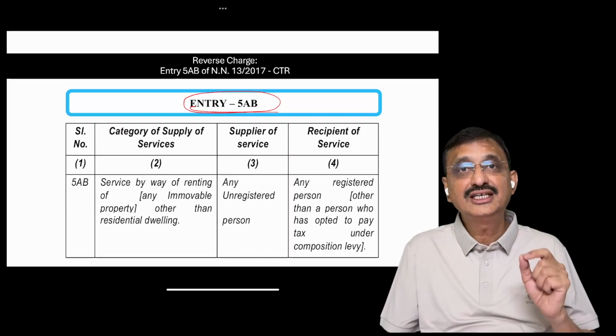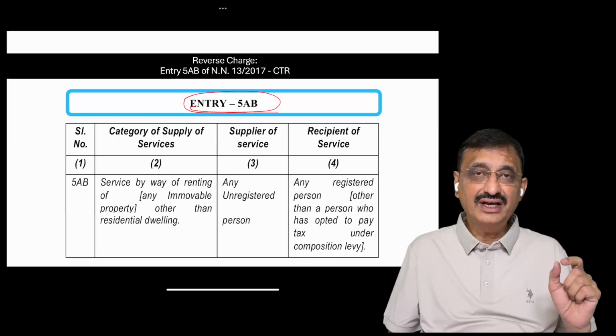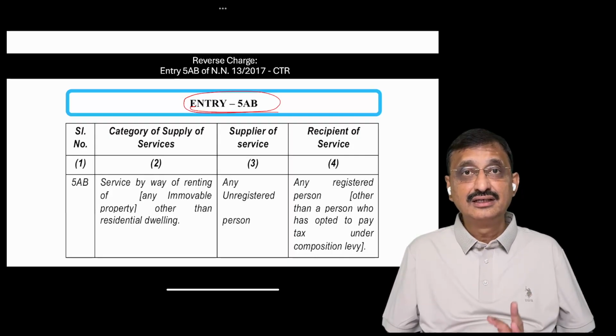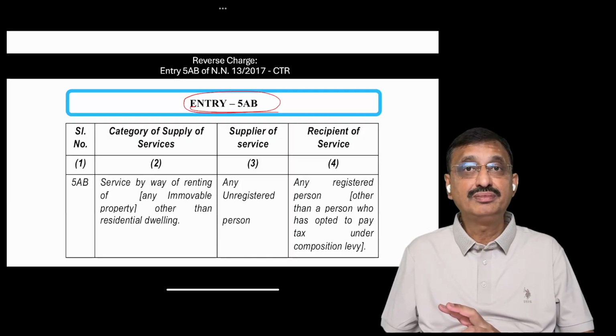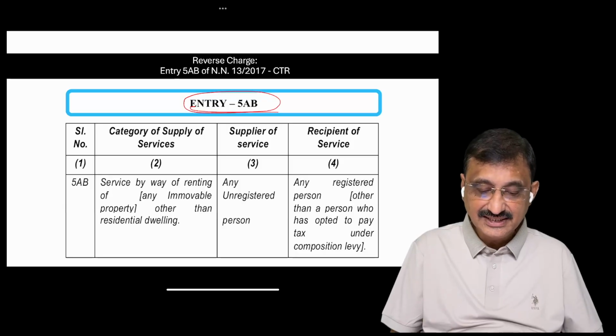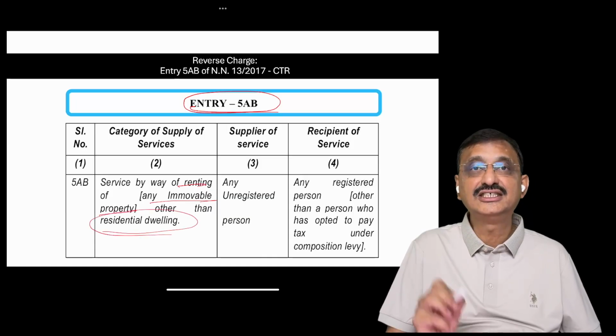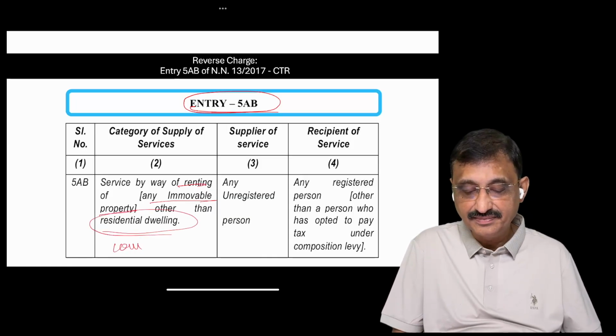Now, what is that situation wherein for commercial property rent, GST is liable to be paid on reverse charge? The category of supply of service is renting of an immovable property other than residential dwelling, means commercial property.